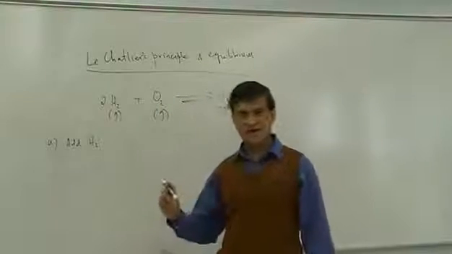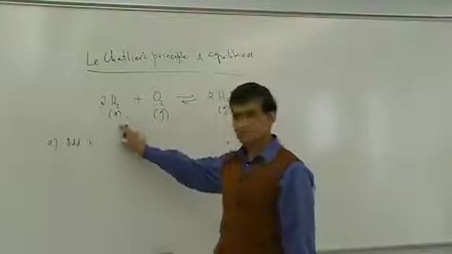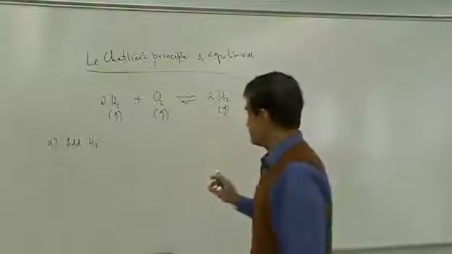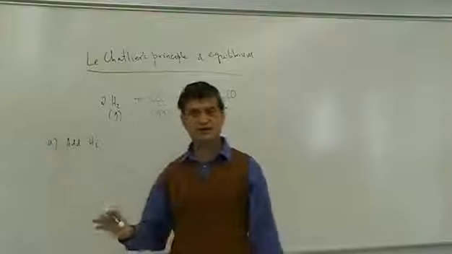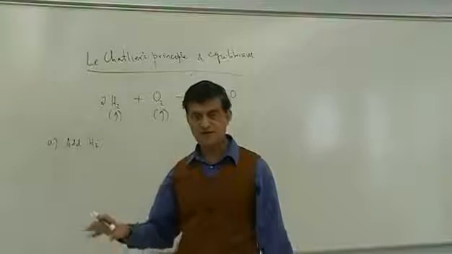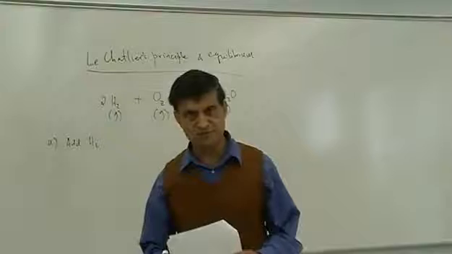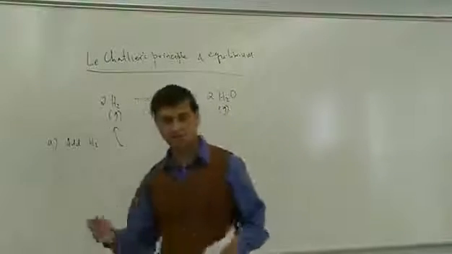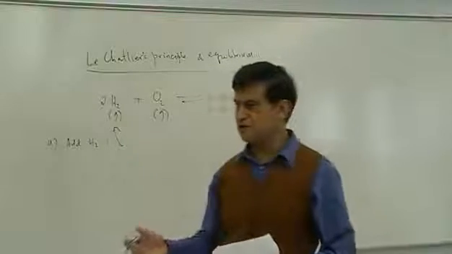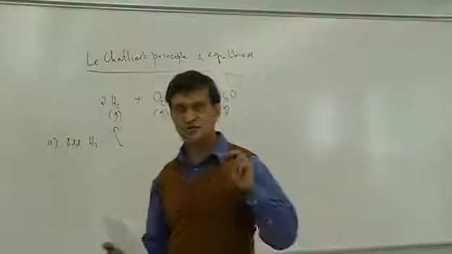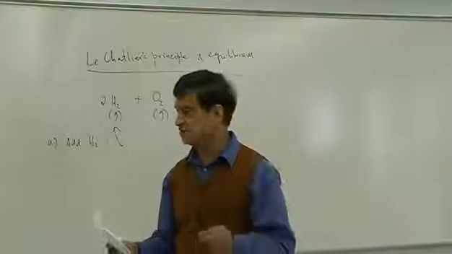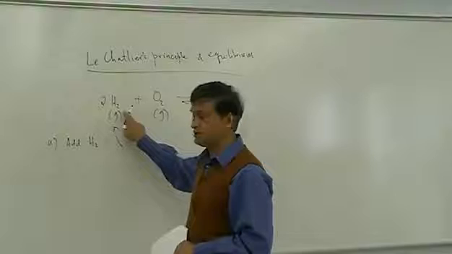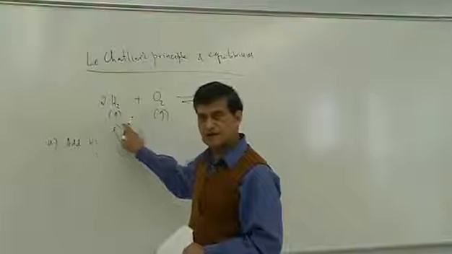So if I cause any change, like adding hydrogen, that's a disturbance, a stress to that reaction. It will try to get rid of that extra hydrogen because it was happy with this equilibrium concentration. It's comparable to having a headache: you don't want it, and you try to get rid of it. So here you have extra hydrogen beyond its equilibrium value, and it would like to get rid of that.